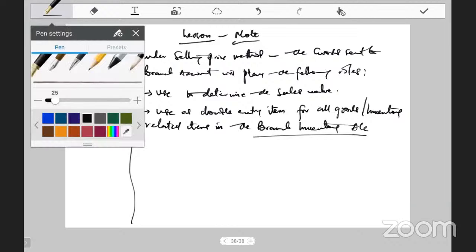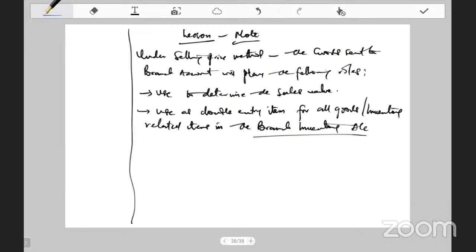So that is what you are going to see as we move ahead. You are going to see that the goods sent to branch will now operate like a double entry. So let me quickly do that and let's see what this looks like.